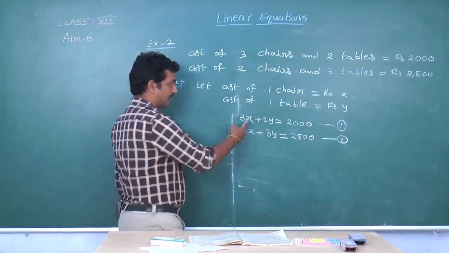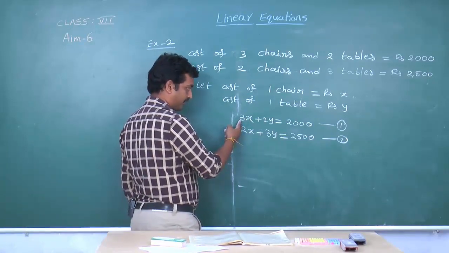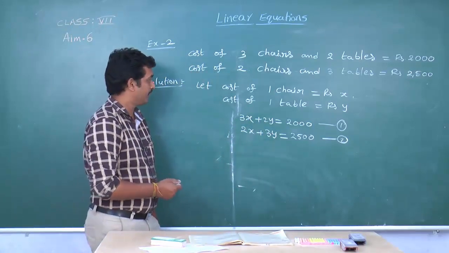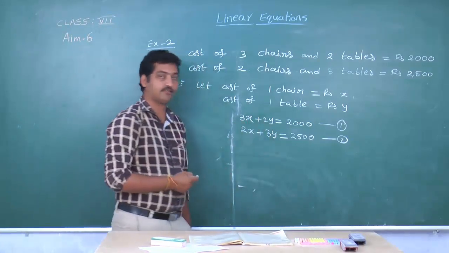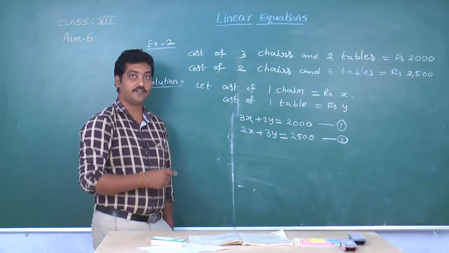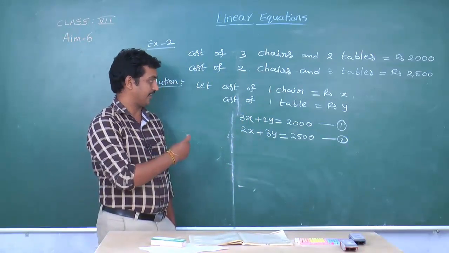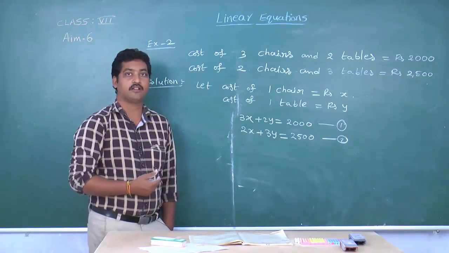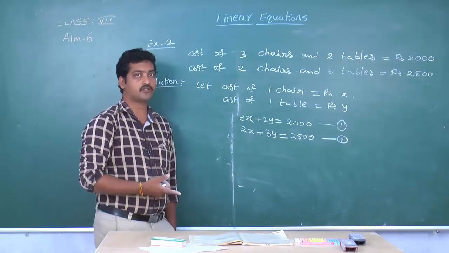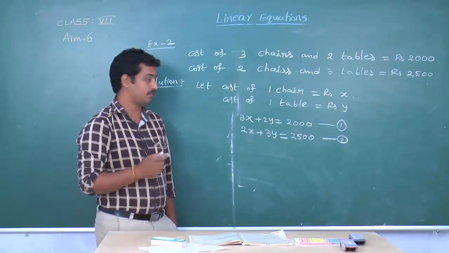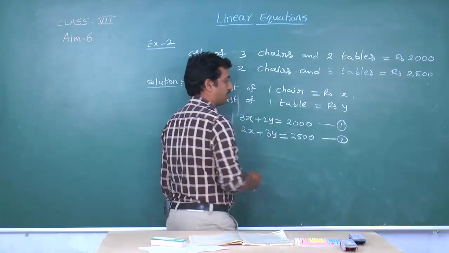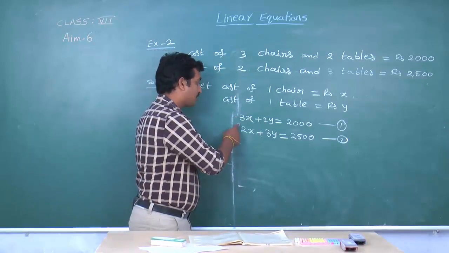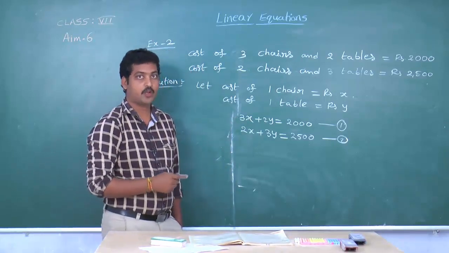Because the x coefficient in the first equation is equal to the y coefficient in the second equation, and the y coefficient in the first equation is equal to the x coefficient in the second equation. If you observe that special case, then those 2 equations can be solved very easily. Otherwise also we can solve it using any one of these 3 methods, but here bigger numbers are involved. Since bigger numbers are involved and there is a chance to apply this special case, we have to apply it.